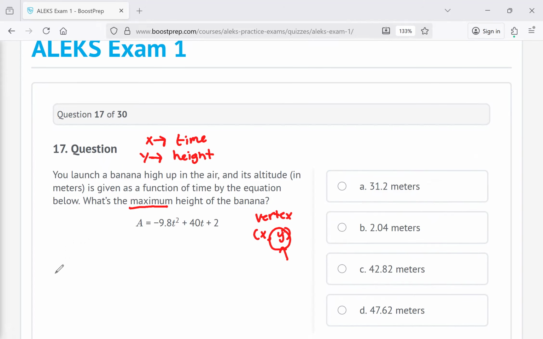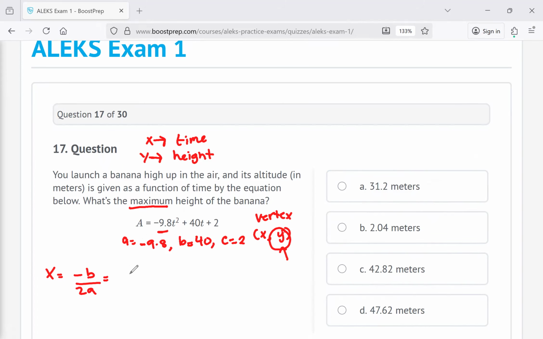To find the x value, you can use this equation: x equals the opposite of b over 2a. Let's figure out our a and b. My a is negative 9.8, my b is 40, and my c is 2.